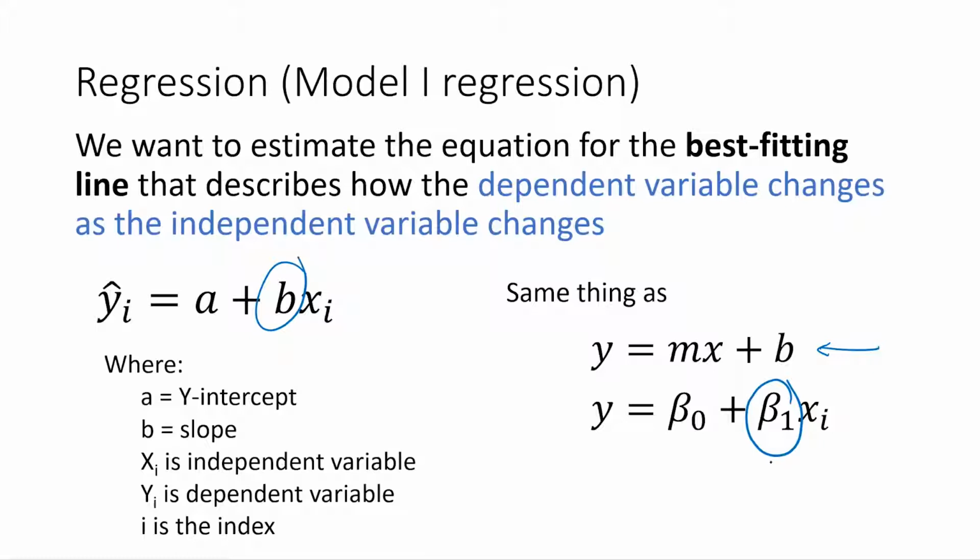Beta 1 for the population, right? Remember, we use Greek letters for population and alphabetical letters for sample statistics. But it gets kind of confusing because there's a b in the y equals mx plus b equation and a b in this one. But when I say b, I'm referring to the slope.